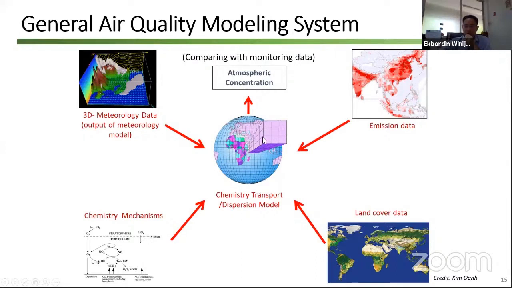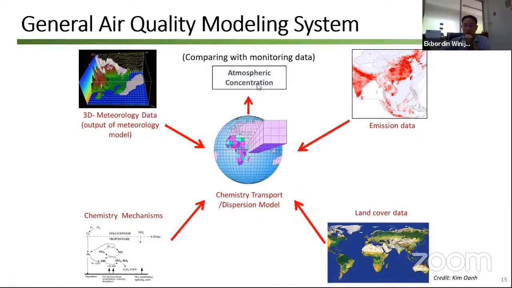We can identify any location, any study area, and then usually we put it in different grid boxes. The inputs to this model are going to be the emission data, the emission inventory, the land cover data, and then the chemistry mechanism that happens in the atmosphere for different pollutants. And then we put in the meteorological data, which usually we also get from another meteorological model. So all of this is going to be put into the model, and then the model is going to give you the concentration.